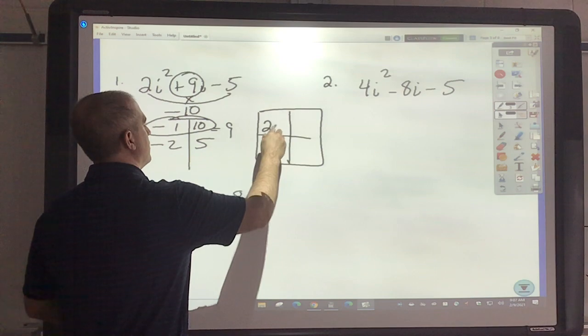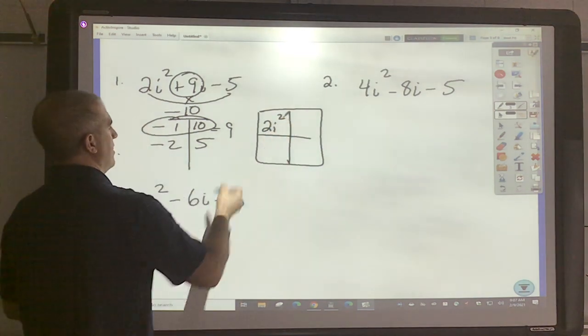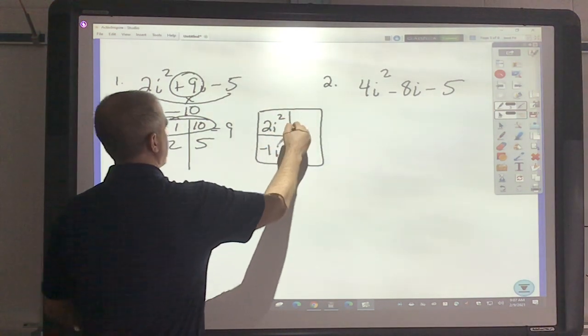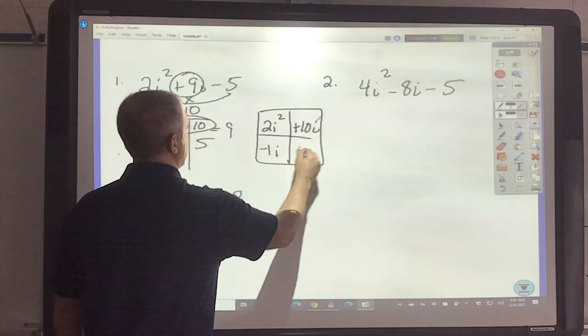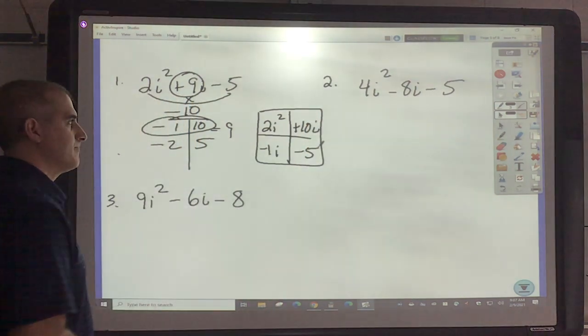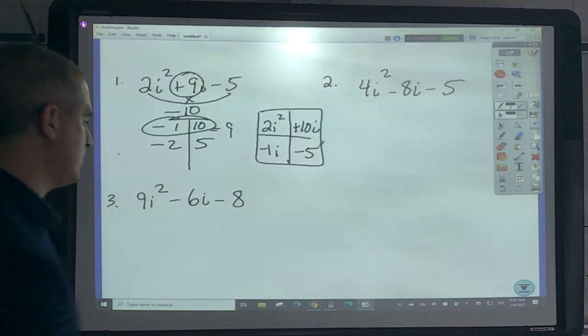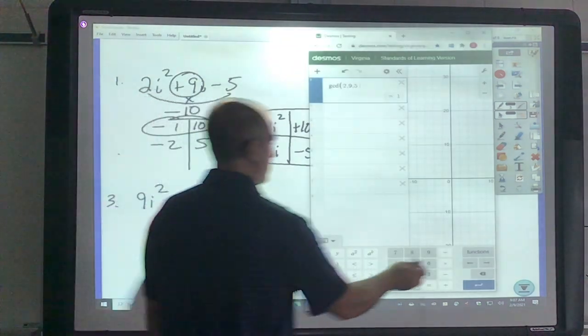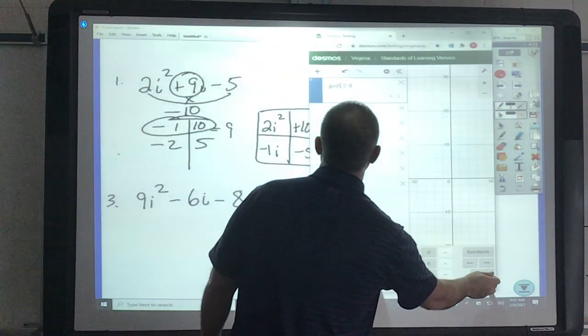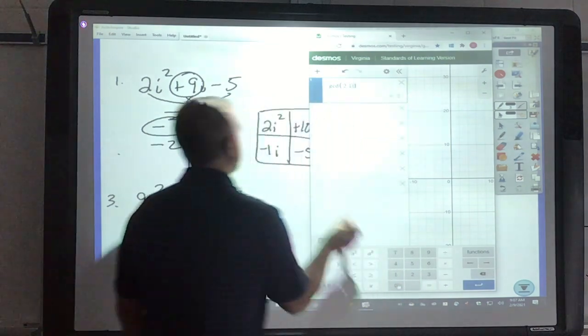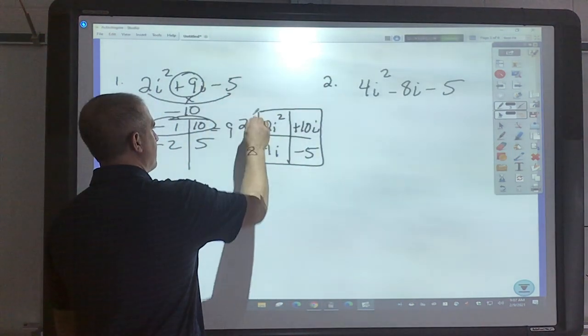That easy. 2i squared, okay, minus 1i, okay, plus 10i, okay, minus 5. In the interest of time, I'll show it instead. We've been doing it the whole time. Okay, let's do 2 and 10 gives me 2. They both have i to the first.